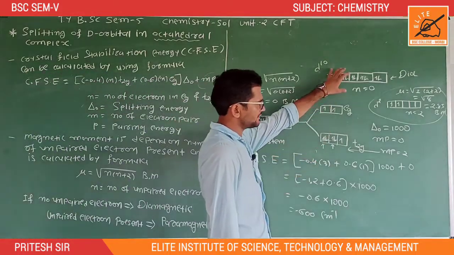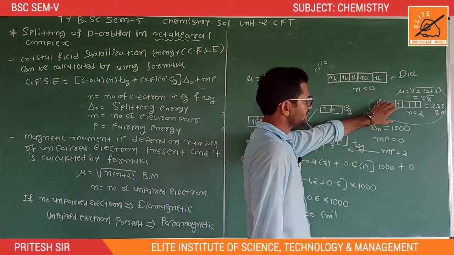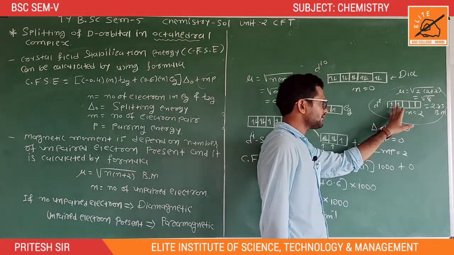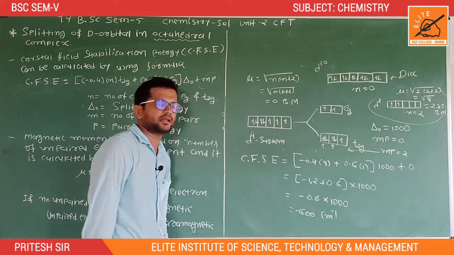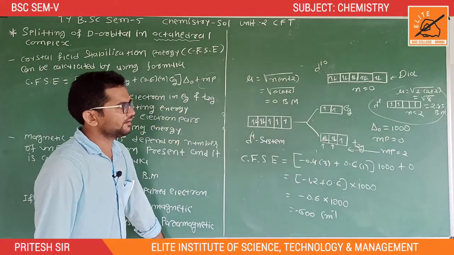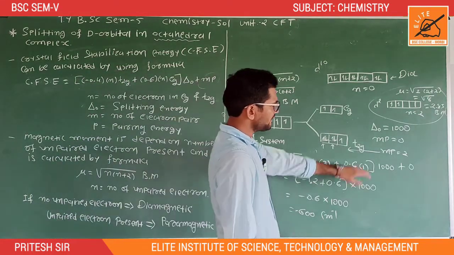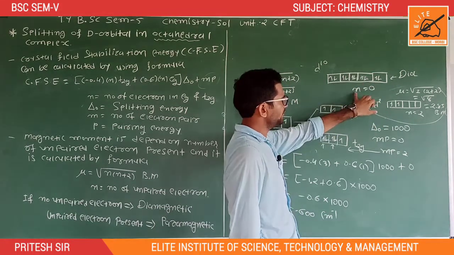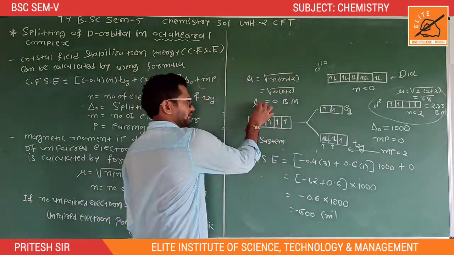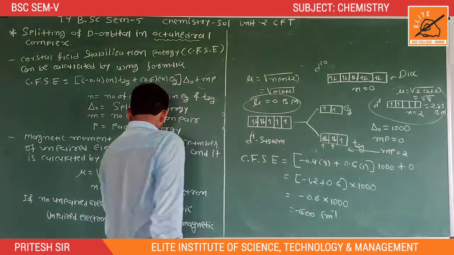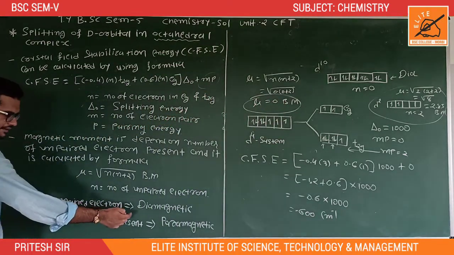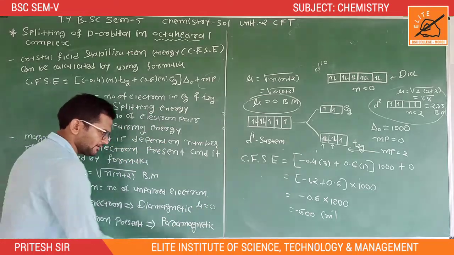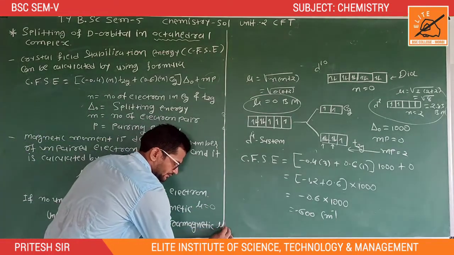It means this complex is a diamagnetic complex and this complex is paramagnetic. So only one single unpaired electron is sufficient for a paramagnetic substance. For a diamagnetic complex, the value of mu is equal to 0, and for a paramagnetic complex mu is not equal to 0.